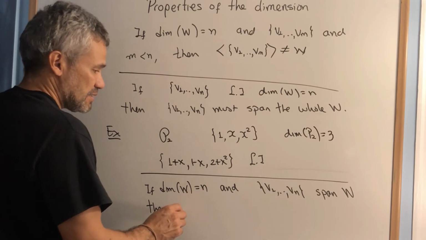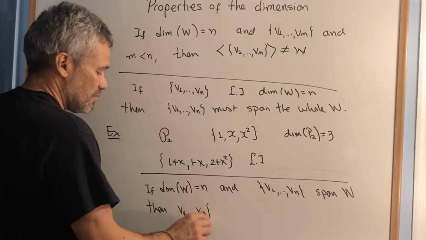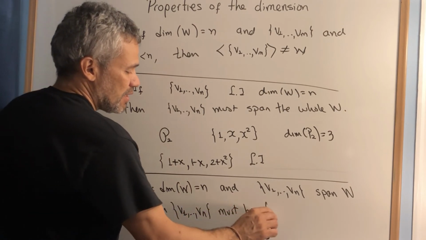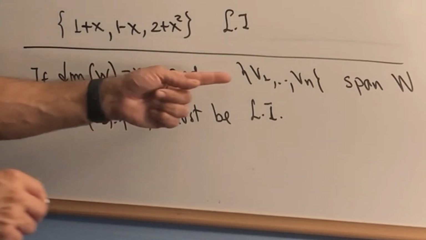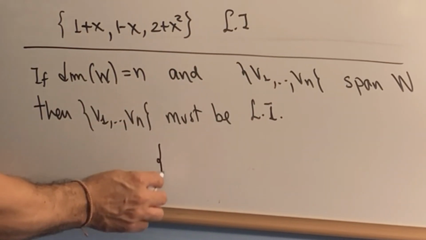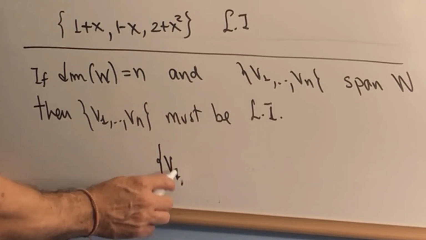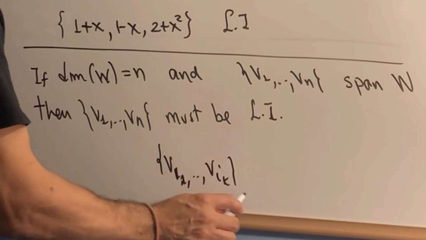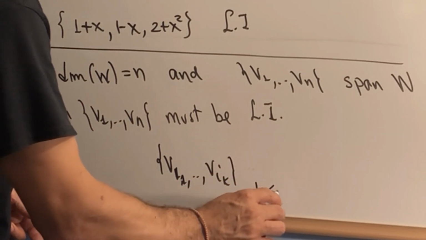Let's say b1, ..., bn must be linearly independent. And the reason is that if they are not linearly independent, we can take a subcollection of vectors b sub 1, ..., b sub k, with k strictly smaller than n.